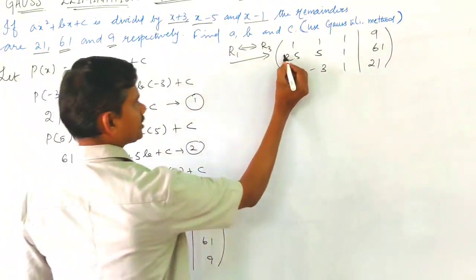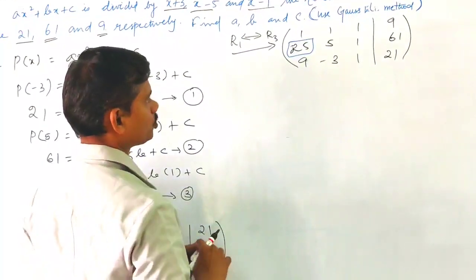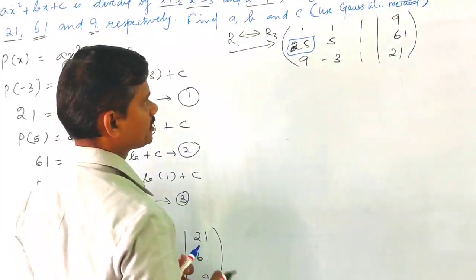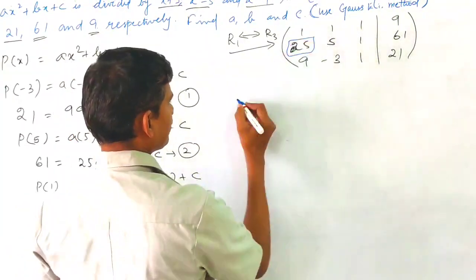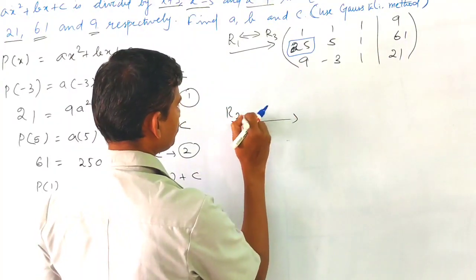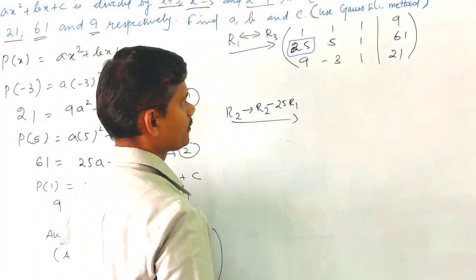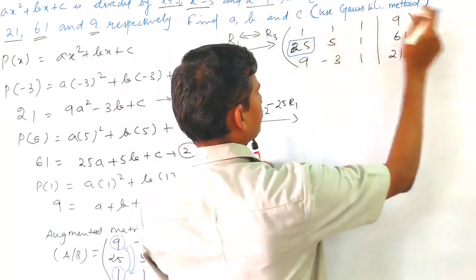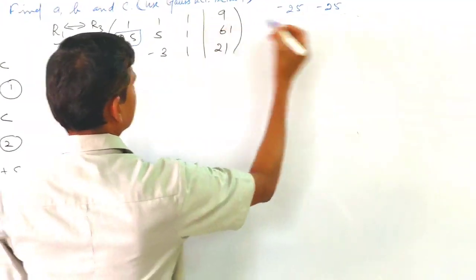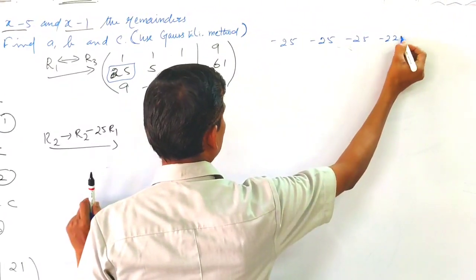Now I am going to make this element 0. To make this element 0, I have to multiply R1 with 25. So R2 implies R2 minus 25 times R1. So 25 multiplied with this gives 25, minus 25, here also minus 25. Minus 25 into 9 gives minus 225.